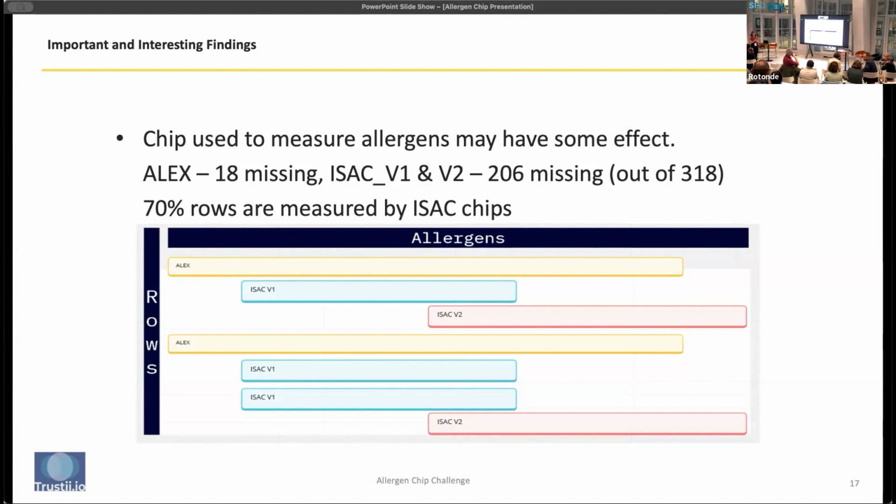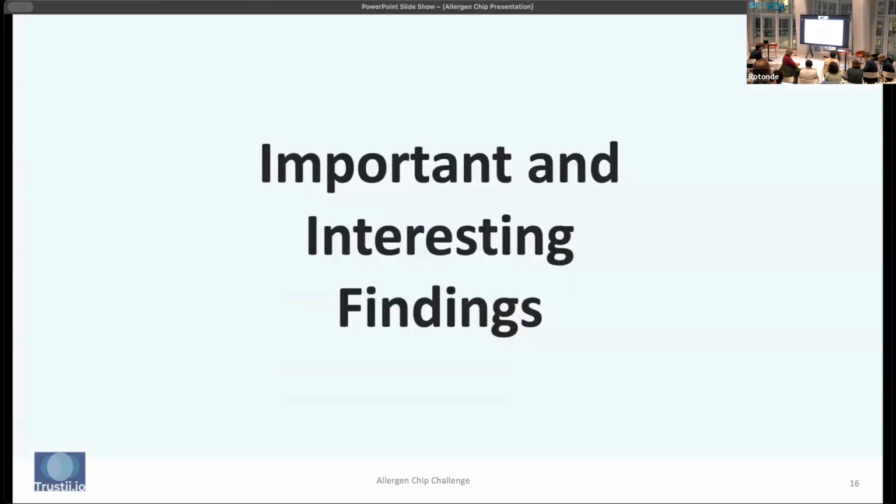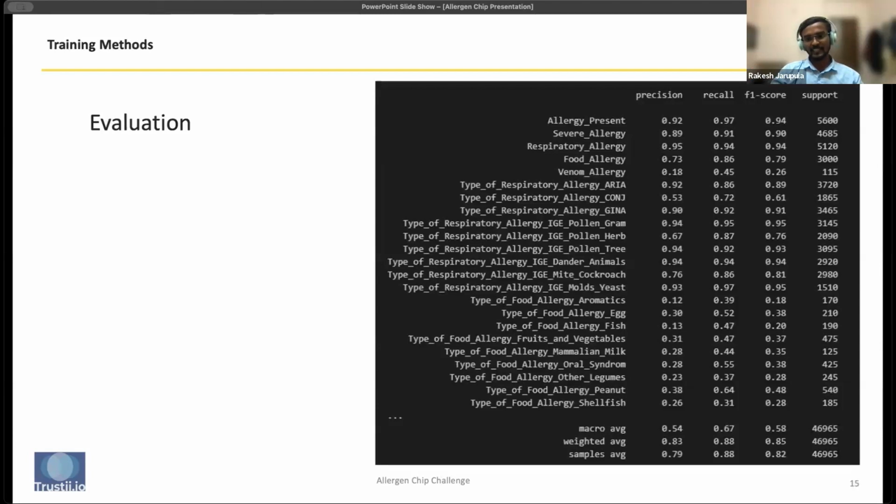My question is about food allergy. You mentioned, and it's what we saw when analyzing your result, that food allergy is less well predicted. Is that only the fact that the data set is very imbalanced, in particular for food allergies? Yeah, I would say the data is very imbalanced for this type of food allergy.